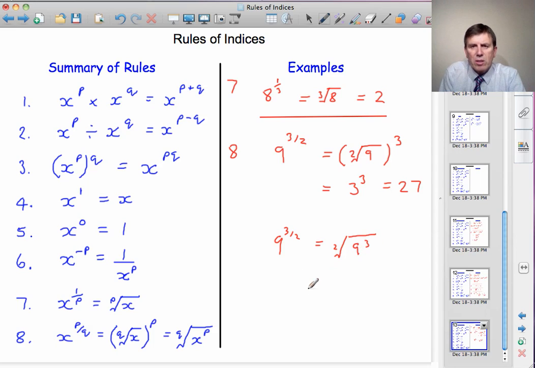Well, first of all, I'd have had to work out what 9 cubed is. 9 times 9 is 81. 81 times 9 is 729. And then I'd have wanted the square root of 729, which happens to be 27. But perhaps that's not common knowledge. So it's much easier to work out the root first and then the power.